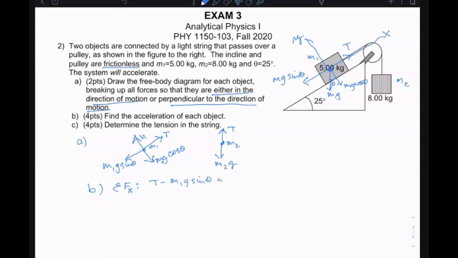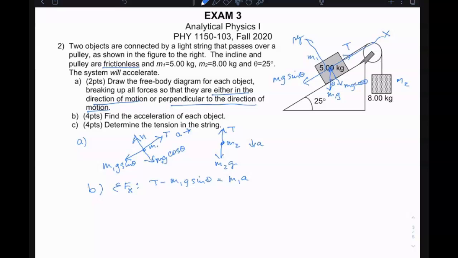So that's equal to m times a, mass 1 times the acceleration. The acceleration for mass 1 is in the plus x direction, and then mass 2 is going to be in the minus y direction.